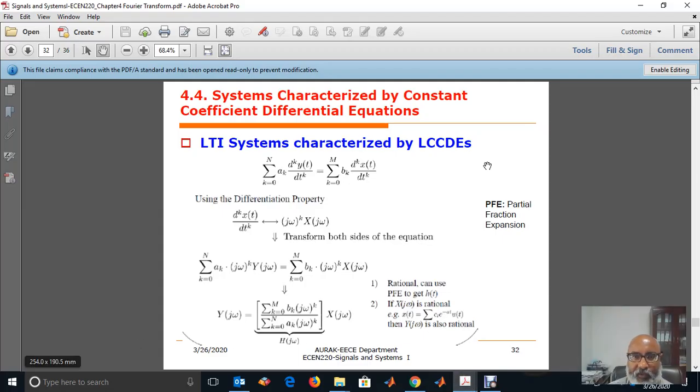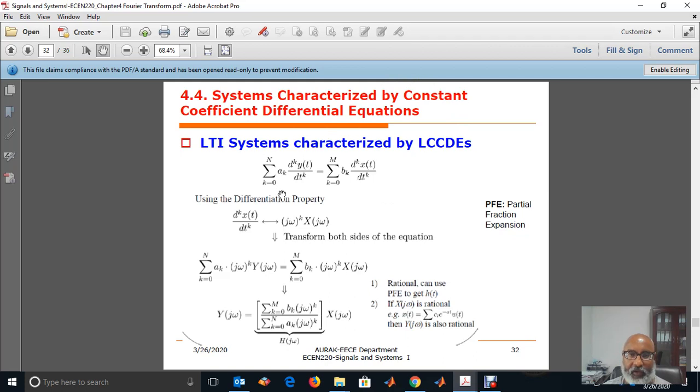Good morning, students. In this lecture, we will study how we can solve systems characterized by constant coefficient differential equations. That means the relation between the input and the output is described by a differential equation.